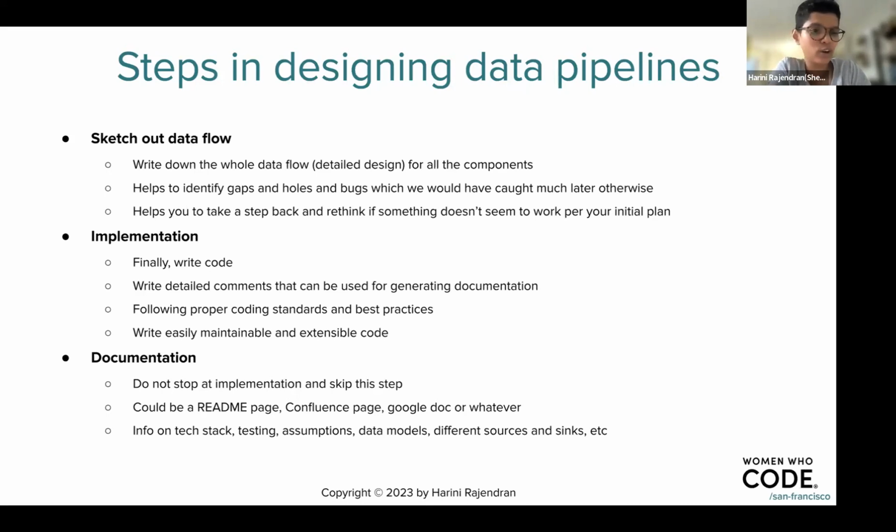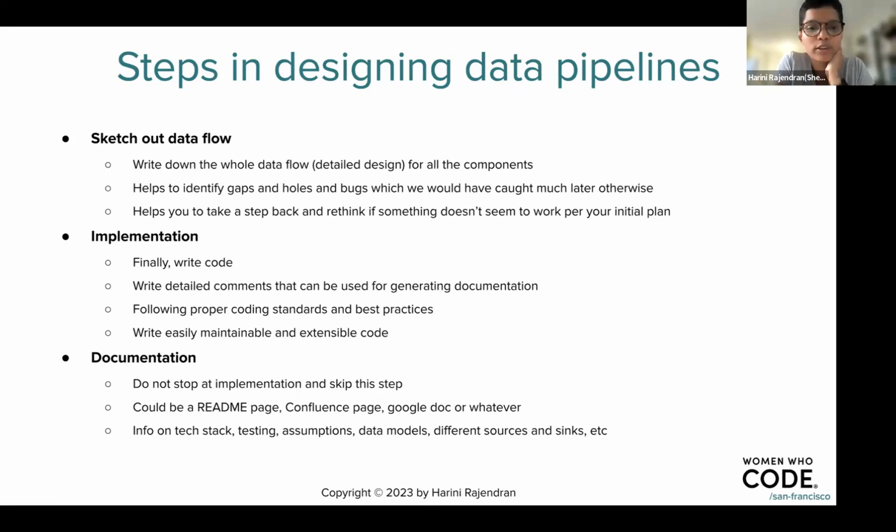Once you're done with all of these steps, that's when we really get into the implementation part. So finally, we get to the exciting part where you write code. Make sure that you write good comments on your code, follow proper coding standards and best practices, and make sure you're writing easily maintainable and extensible code that is also easy to read.